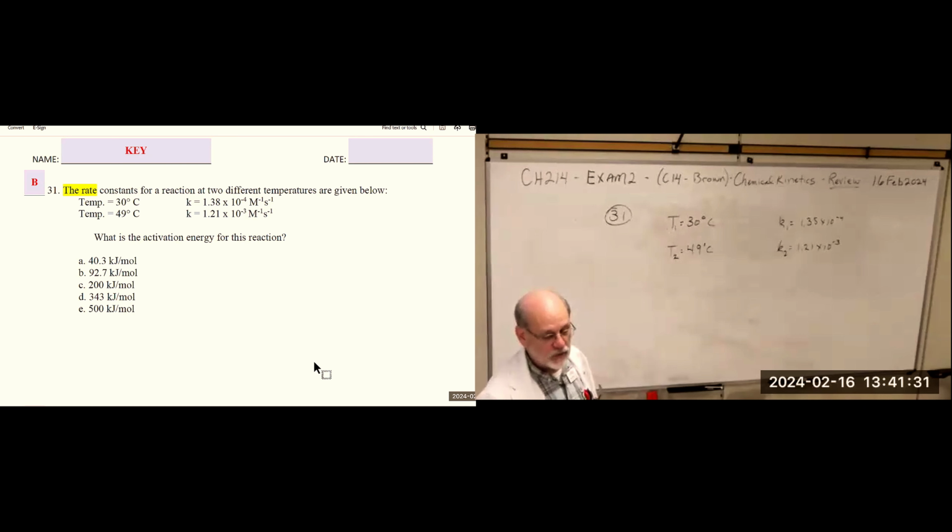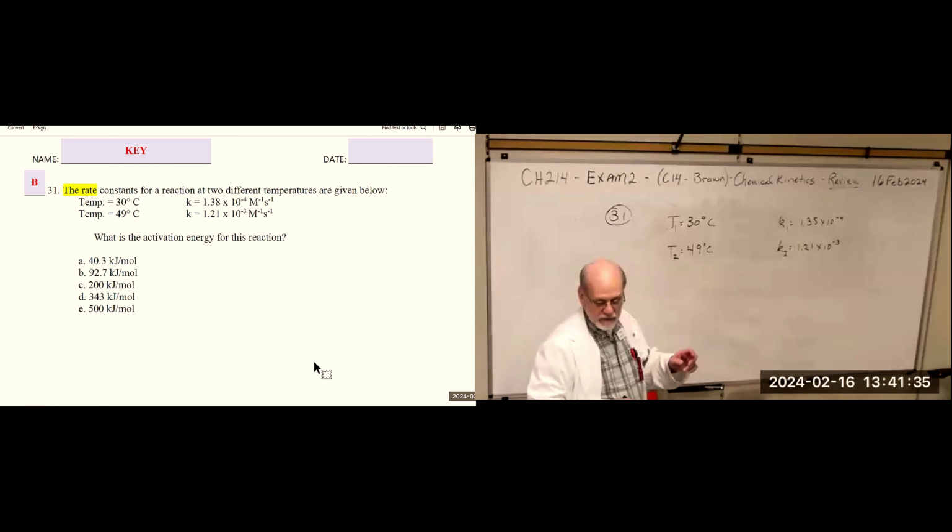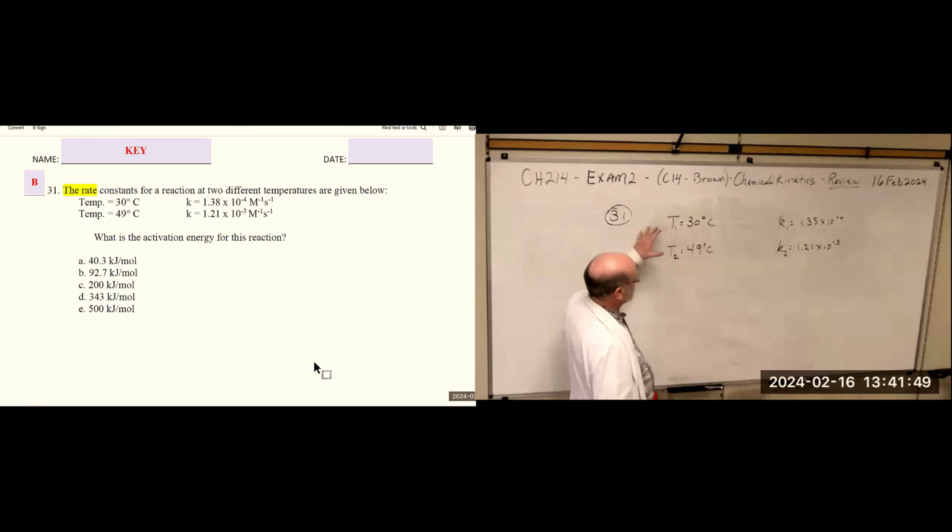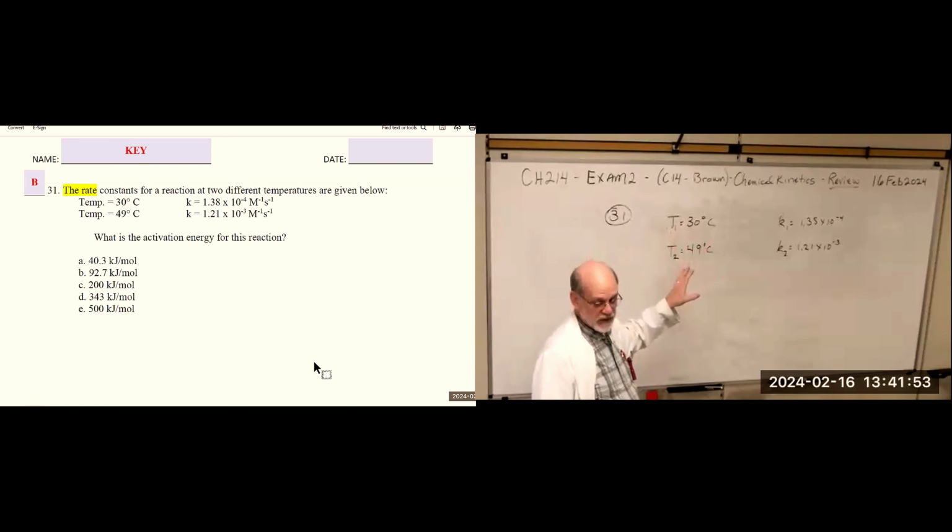Well, you have 2 ways you can solve this. One is you'd have to determine the slope of the line. You'd have to plot that data and determine the slope of the line.